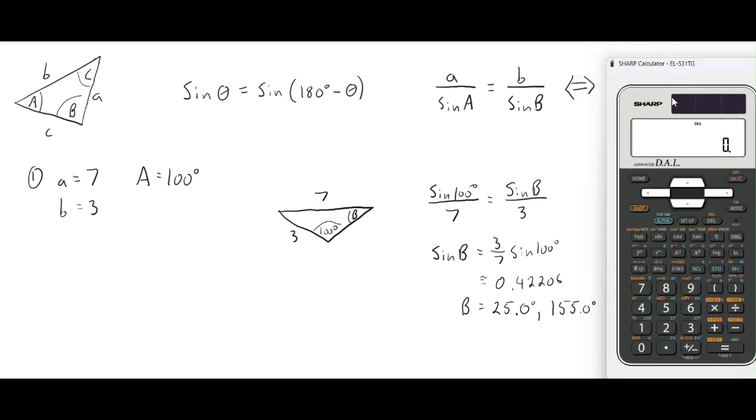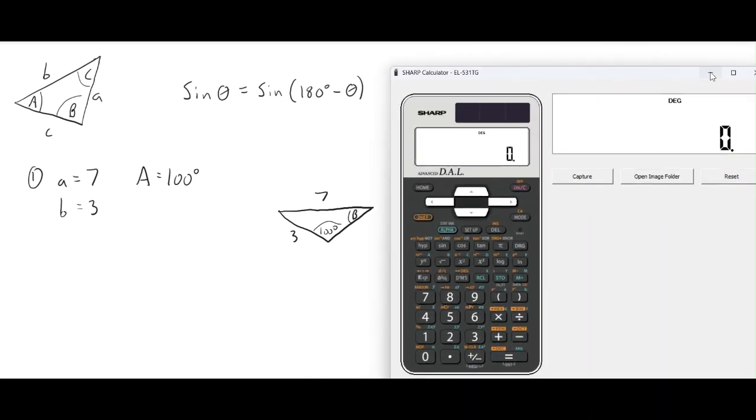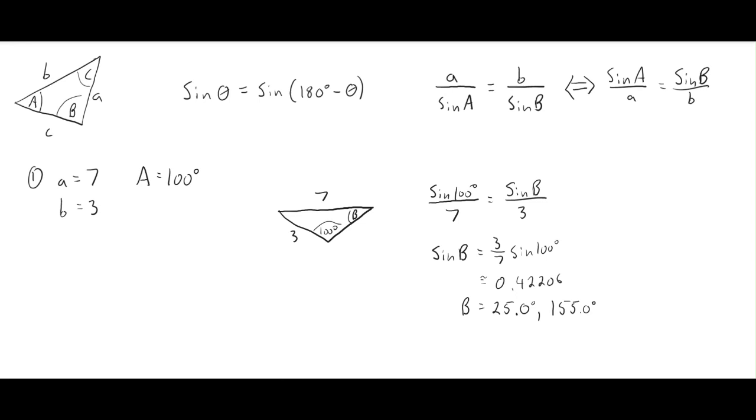All right, now the thing is, one of those angles isn't possible. Can you tell which one? So A is already 100 degrees, and all three angles of this triangle, A, B, and C added up, have to be 180. So 100 plus 25 still leaves me some room to have an angle C there.